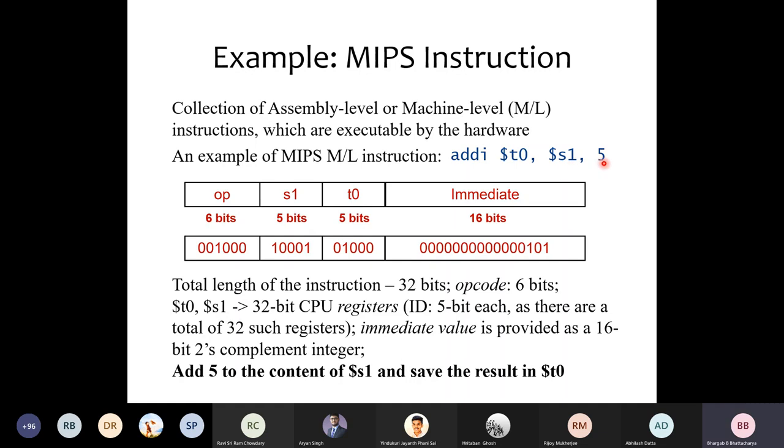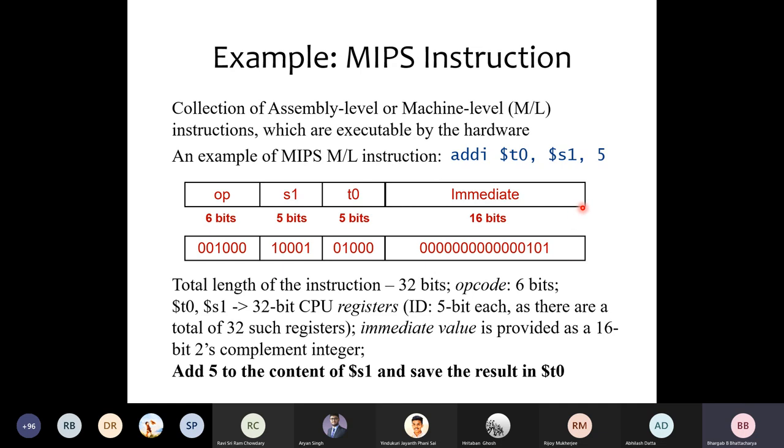But you have to add this value to this 32-bit content here, right? And the entire instruction is 32-bit long. 6 bits are gone for opcode. 5 bits are gone to designate this register. 5 bits are gone to identify this register. So you are left with how many bits here? 5 plus 16. So 16 bits are here.